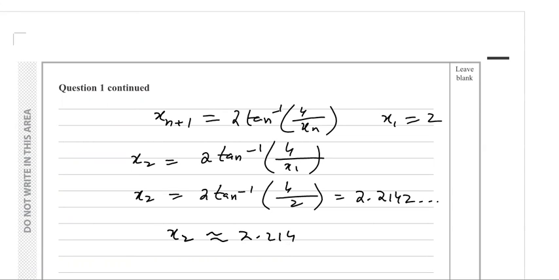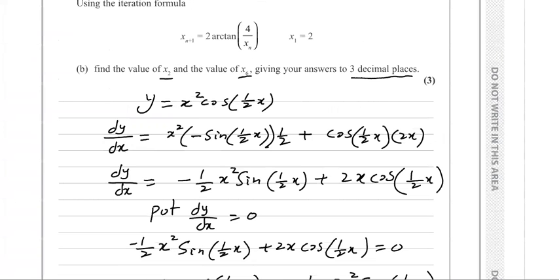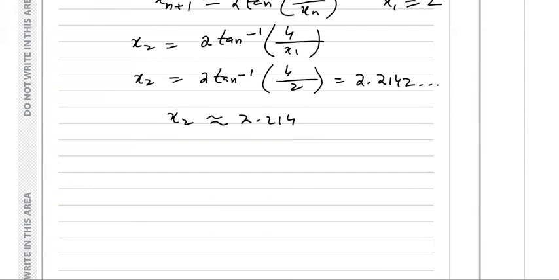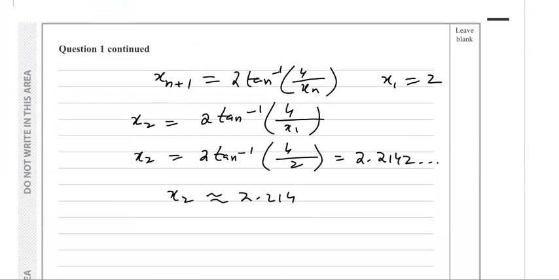Now next I have to find x6, and it is just 3 marks. Okay. So for x6, I should have the value of x5. One way is to first find x3, x4, and then I can go for x5.